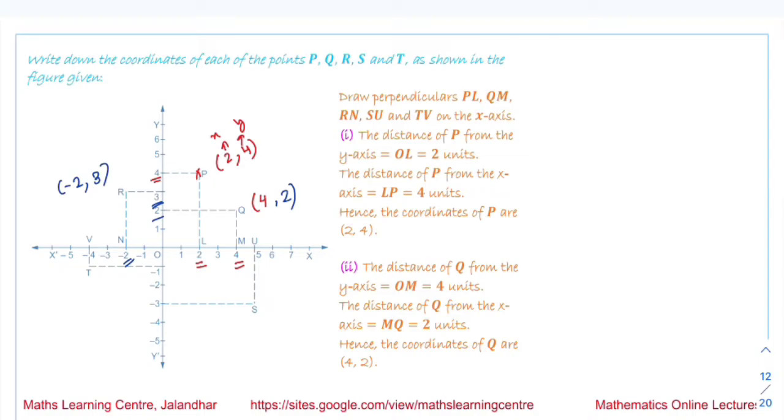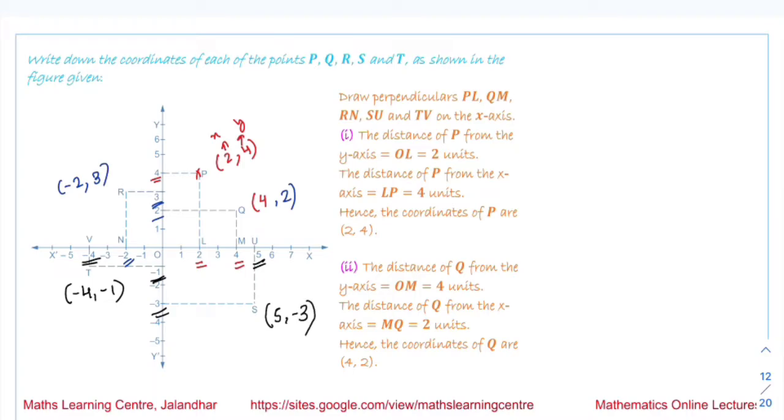Similarly, when we are talking about the point V, on the x side it is -4, on the y it is -1. So the coordinates of the point are -4 comma -1, and the last point is S. On the x side it is 5, on the y side it is -3, so it is 5 comma -3.